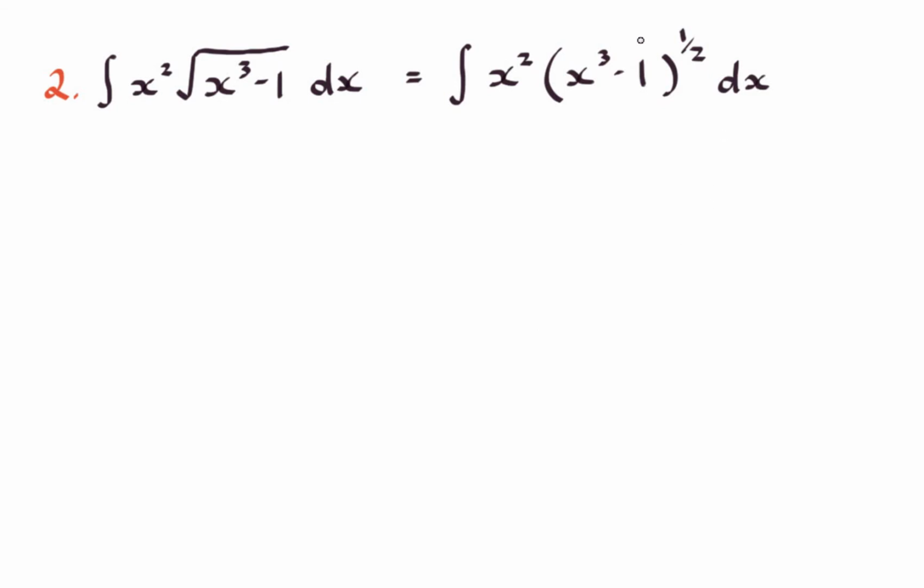And now we say, okay, I've got some little function of x here raised to a power. So my f of x within the question is x cubed minus 1. What's the derivative of this? F dash x is 3x squared.